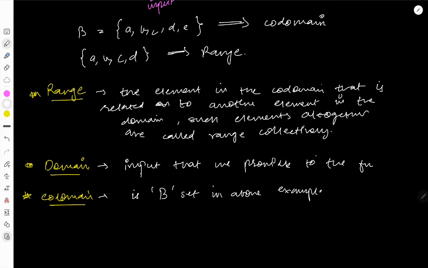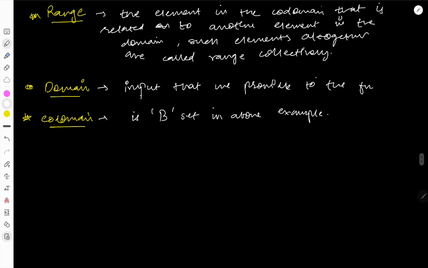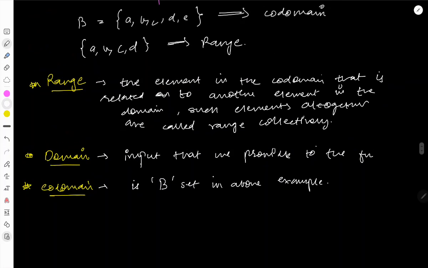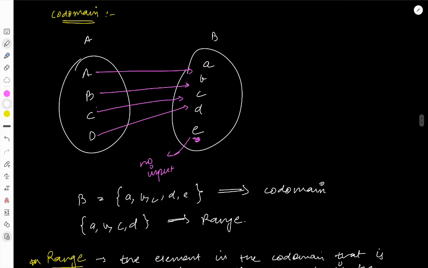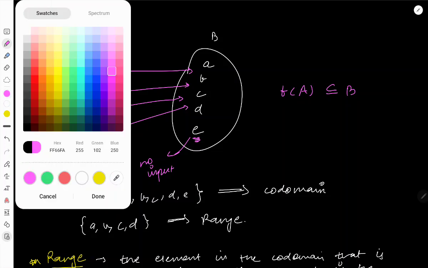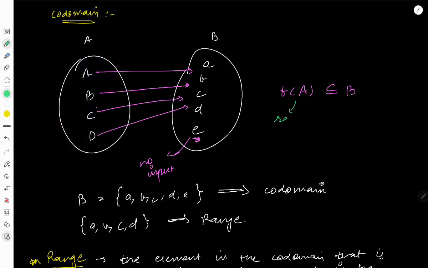Example. So now we can derive from set theory a small equation: f of A is a subset of B. That means f of A is the range. I'll write it in another color. This is our range, which is a subset of our codomain.